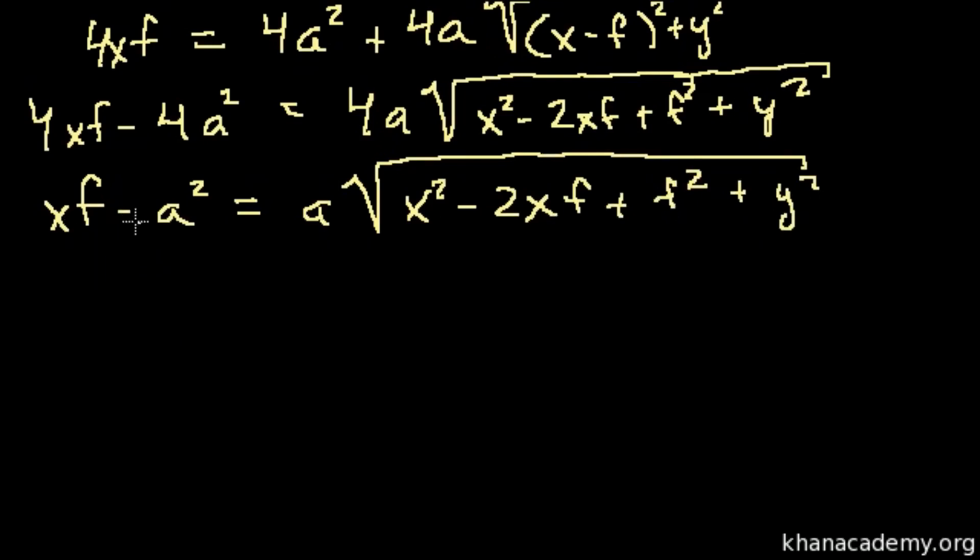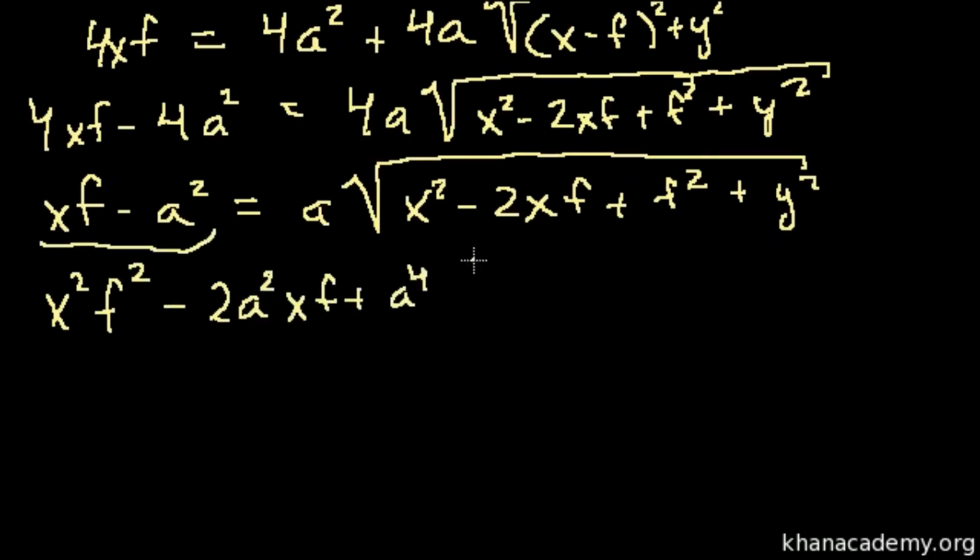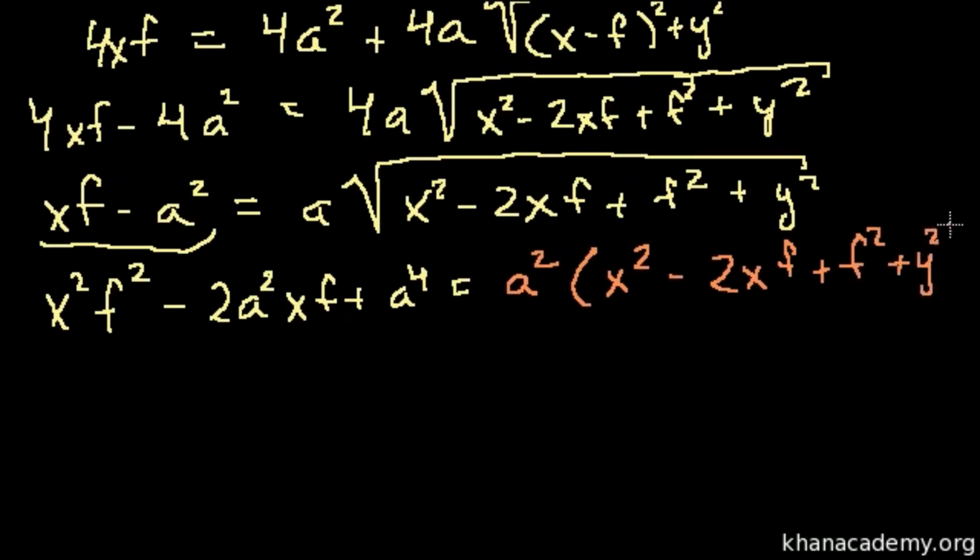And then if you square both sides, this side becomes x squared f squared minus 2a squared xf plus a to the 4th. That's this side squared. And that's equal to, if you square the right-hand side, a squared times the square of the square root is just that expression, x squared minus 2xf plus f squared plus y squared.